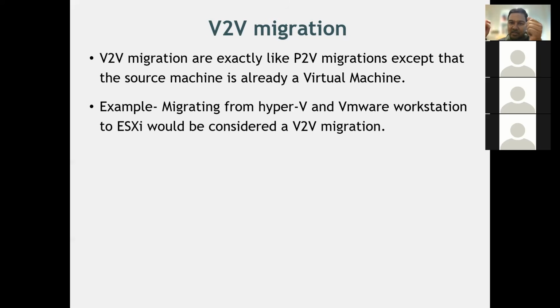That service is also available from VMware, if someone wants to migrate from Microsoft Hyper-V, which is a hypervisor from Microsoft, or AWS, Amazon Web Services, to VMware. So this V2V migration is also given by VMware, and you don't have to stop. So you can migrate from Hyper-V and VMware Workstation to an ESXi host.